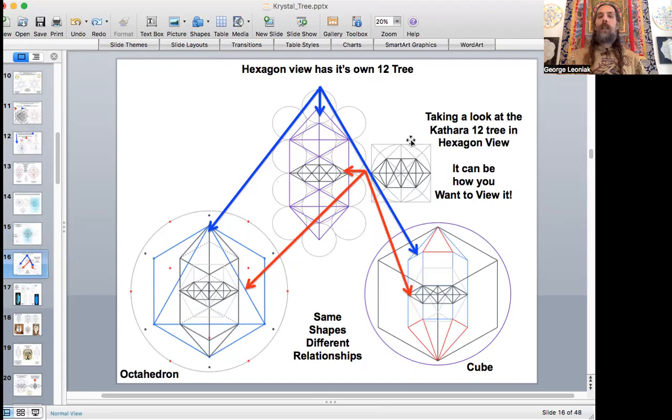Now, here's this same Kathara unit, right? And I've been showing that this is a hexagon plane, right? Now, it can also be part of a square plane. And that's really the tricky part about this, I think the confusing part, because there's a square plane in here that's based on the octahedron.